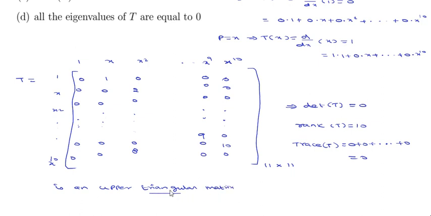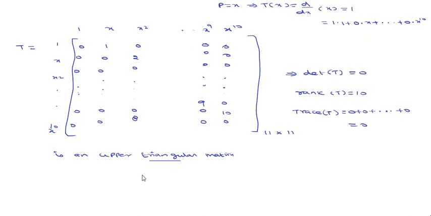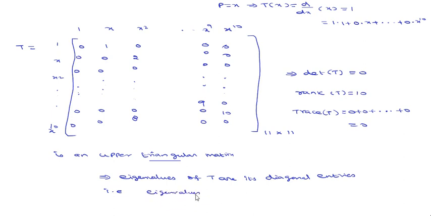So for a triangular matrix, the eigenvalues are its diagonal entries. So this implies the eigenvalues of T are its diagonal entries. So the eigenvalues are 0, 0, 0.